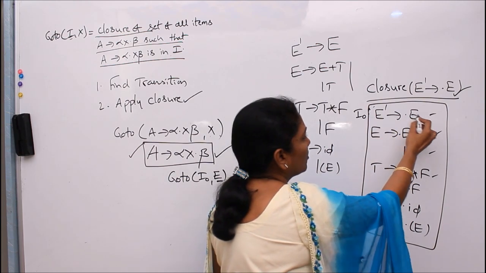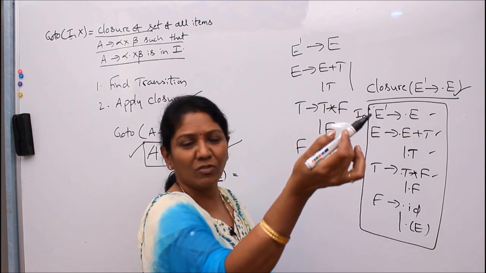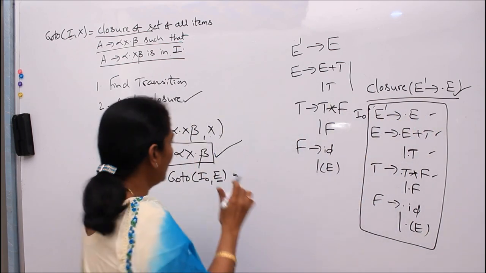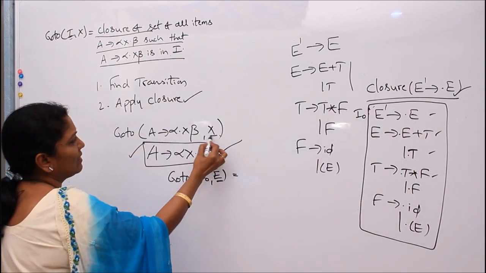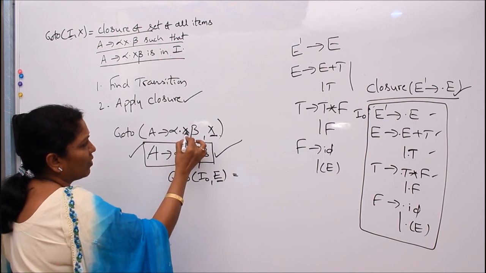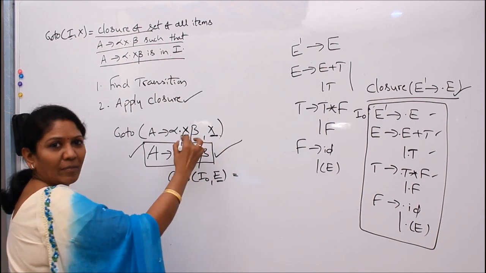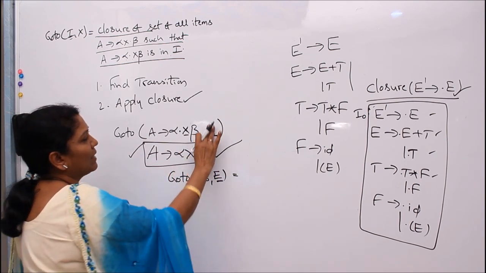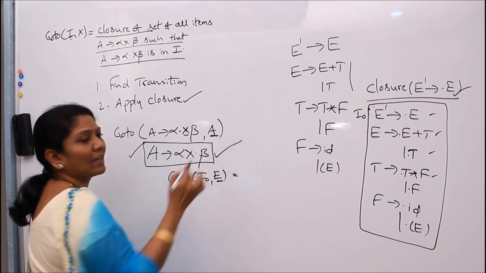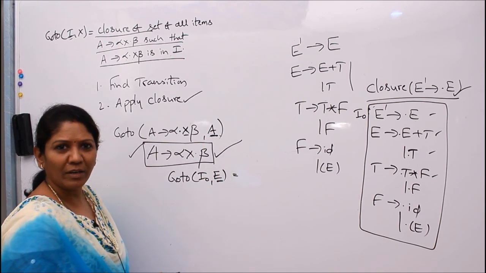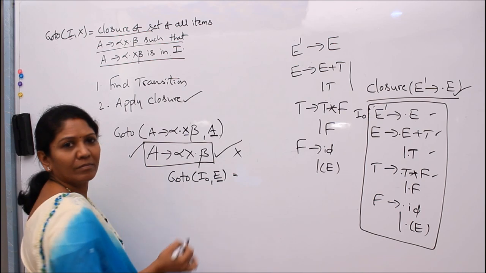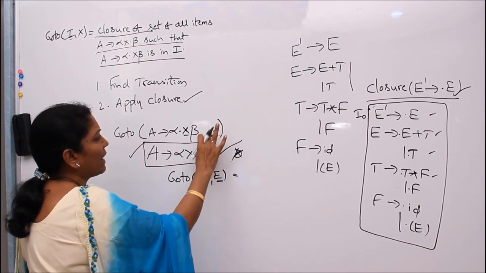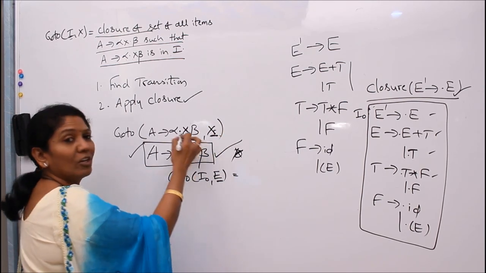The symbol that follows dot is E and your grammar symbol is also E. When both are matching, move the dot next to E. Whenever the symbol that follows dot and the grammar symbol both match, then only we get a new item as alpha x dot beta. For example, if my grammar symbol is something like A, then I don't get any new item. It will be just an empty set. Whenever these two match, then only I get a new item like this.